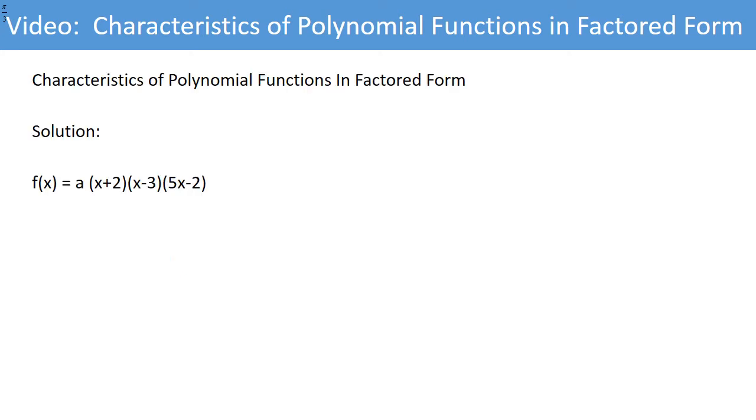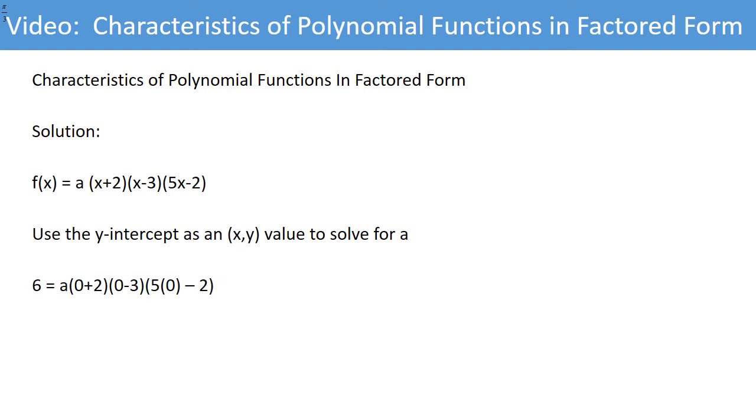And now we need to find the value of a. So we need the y-intercept to solve for a, and we know that the y-intercept was given at 6. And we know that the x value at the y-intercept is 0, so we can substitute (0, 6) into the equation.